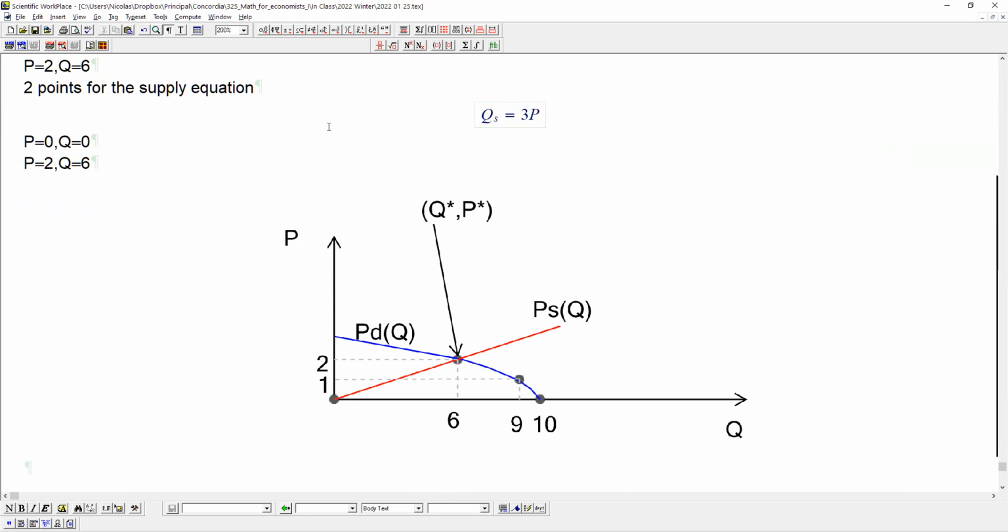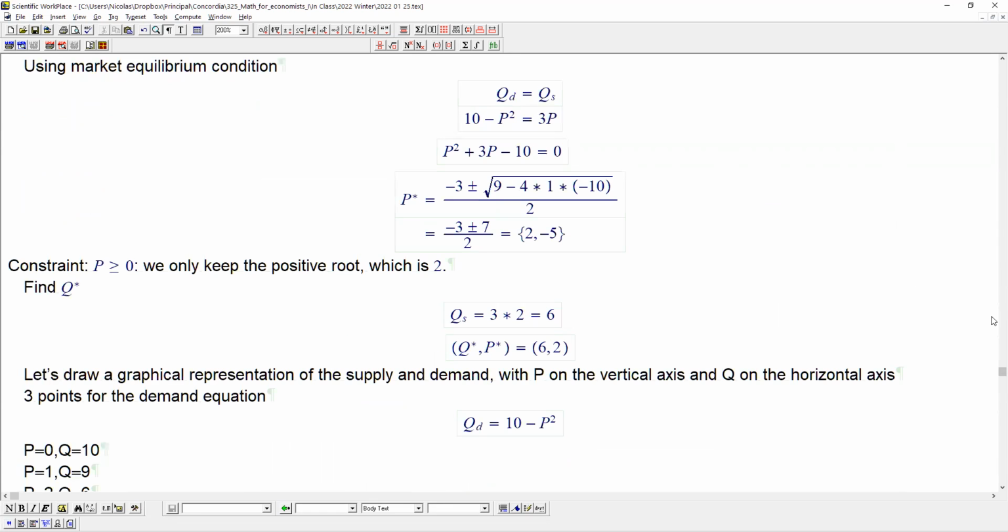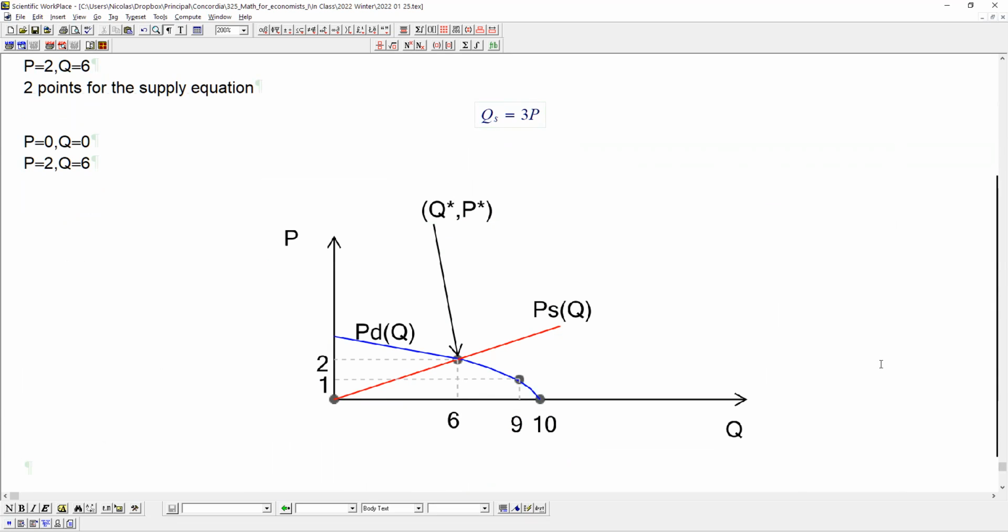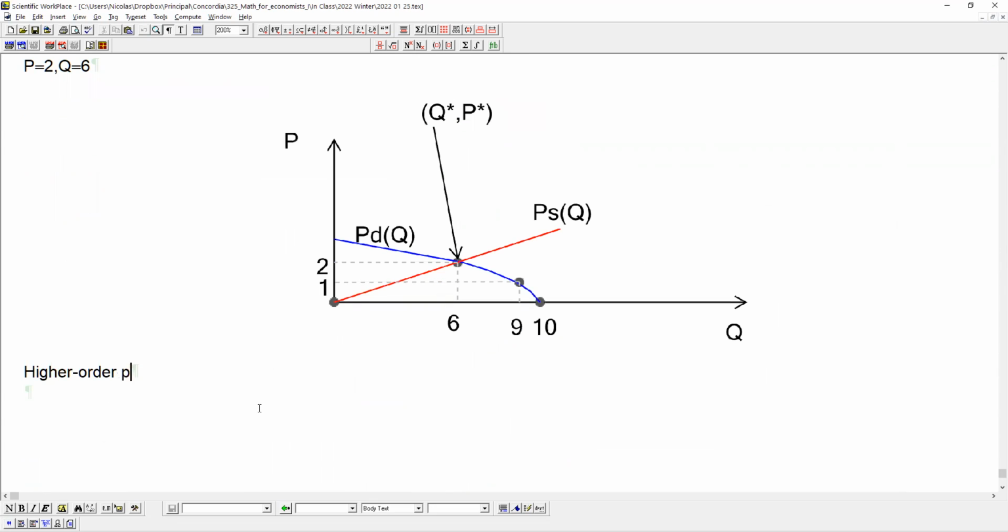All right, something like this. And now the fun begins. Higher order polynomials. Polynomials with rational roots.